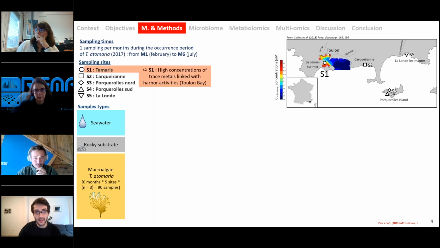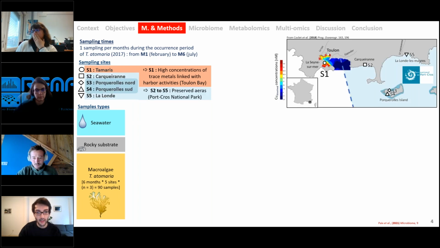The first sampling site is within the Toulon Bay, which is highly anthropized with a lot of contamination in terms of metals. And the further sites are less anthropized, much more preserved, especially within the Porquerolles National Park, on Porquerolles Island.